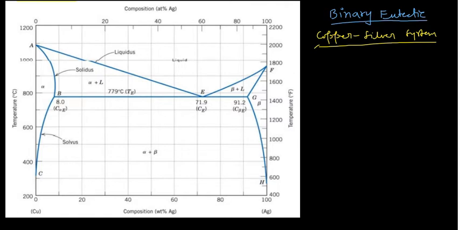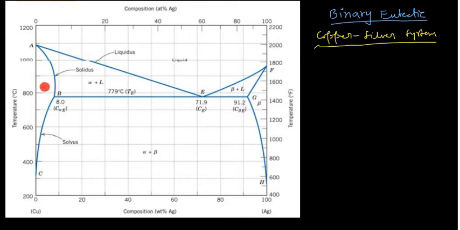You see here the part which I am highlighting right now, you can follow my cursor, the red ball. This is the region where the curve starts from the point A, moves in the downward direction, passes through the point B, and ends at the point C. So I am discussing A, B and C. In this case, alpha is written here.